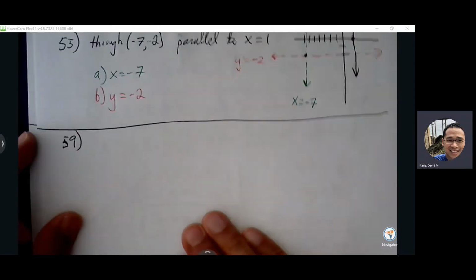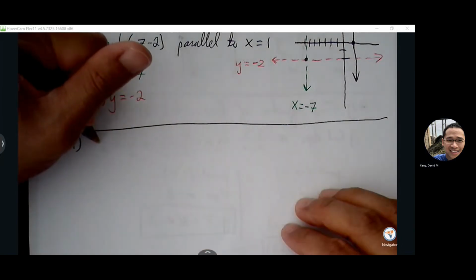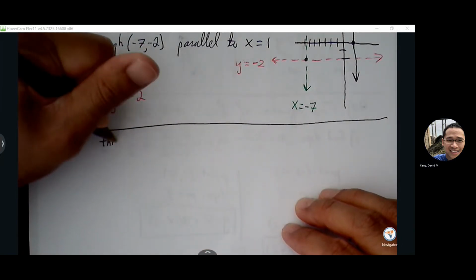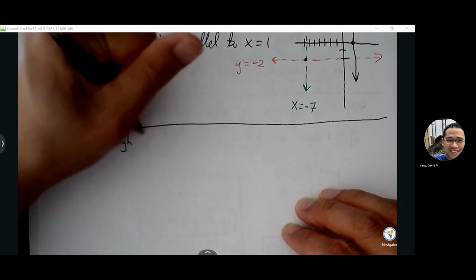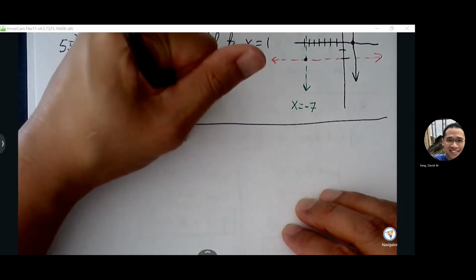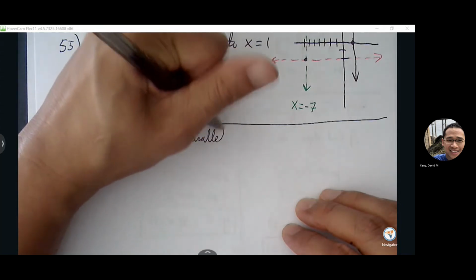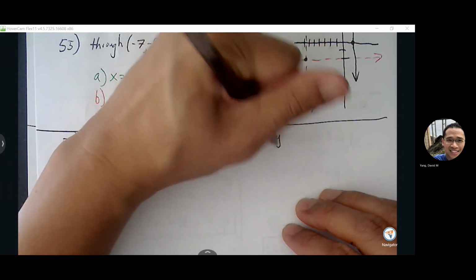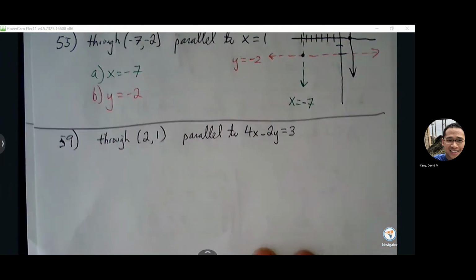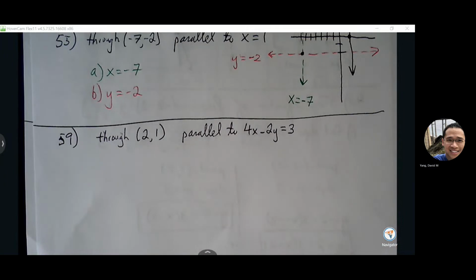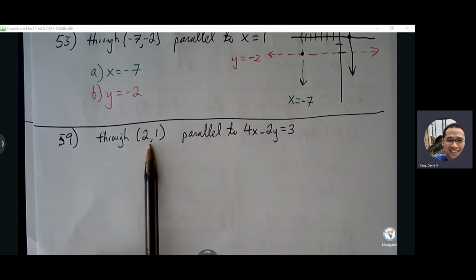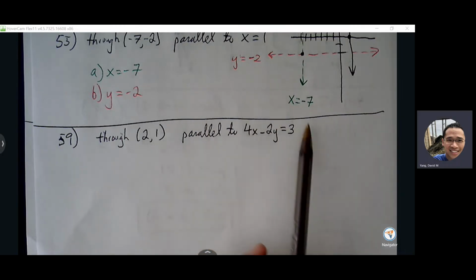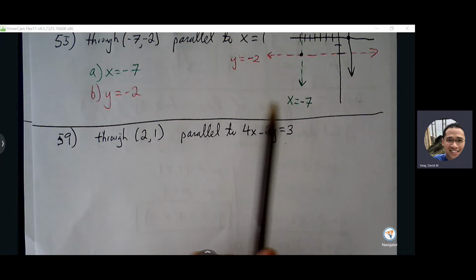We want a graph that goes through the point 2, 1. Okay, same strategy here. All we need is to find an ordered pair and slope. Well, the ordered pair is already given to us, so that's easy. But this feels more complicated because what do we do with this?